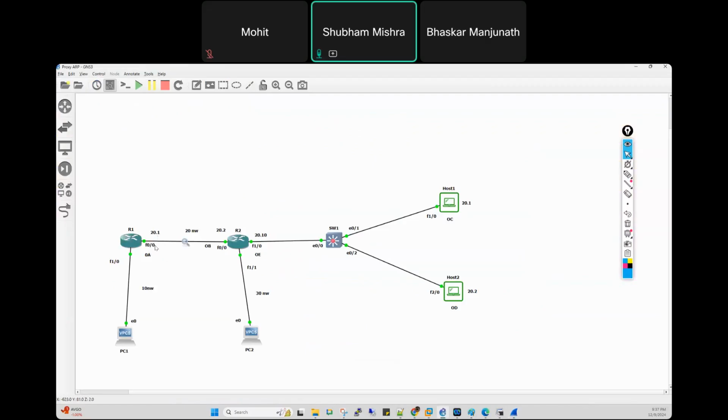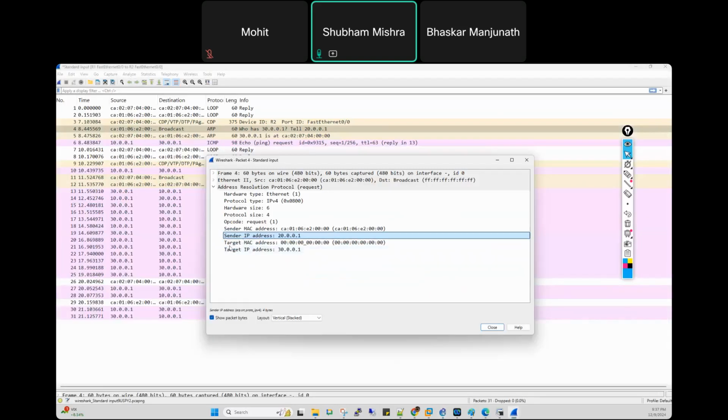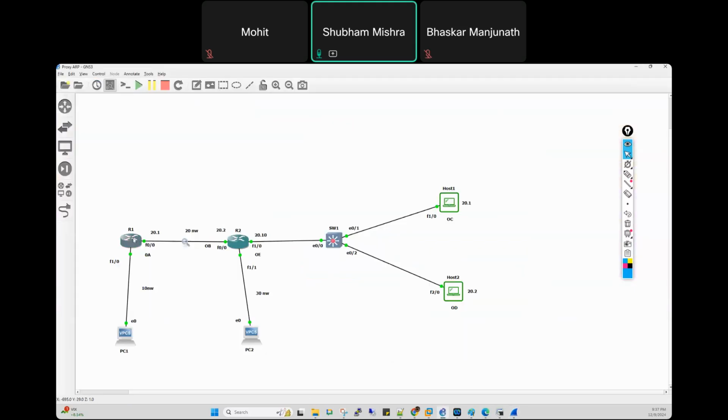Okay, that is the sender. Target MAC is 000, and the target IP address is 30.1. It means this router is generating the ARP packet for which IP address? 30.1.